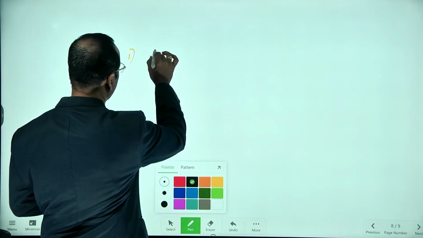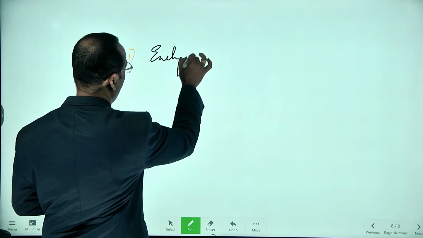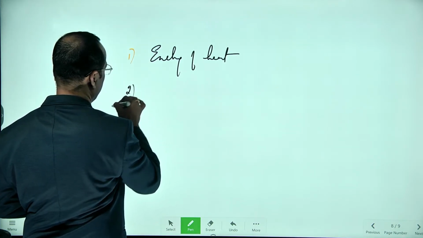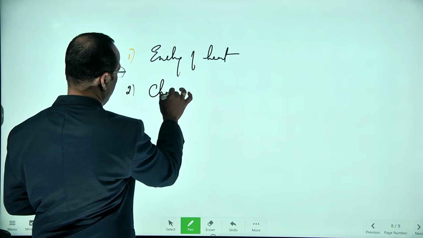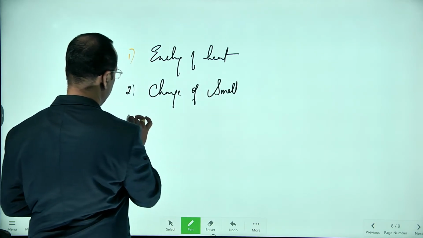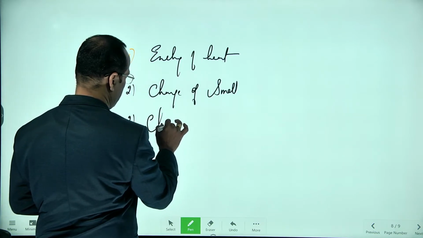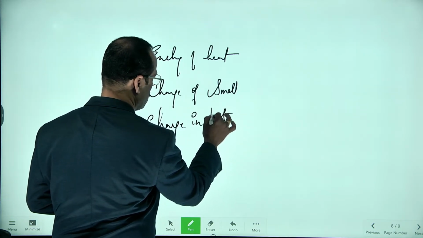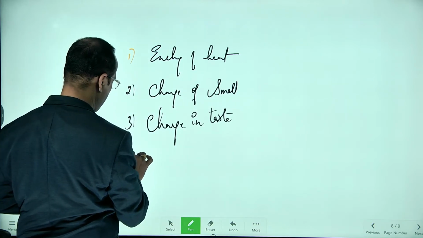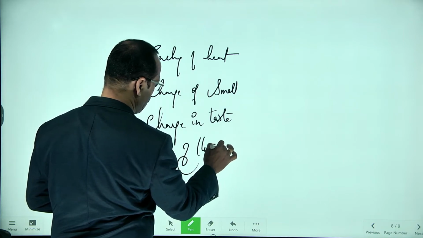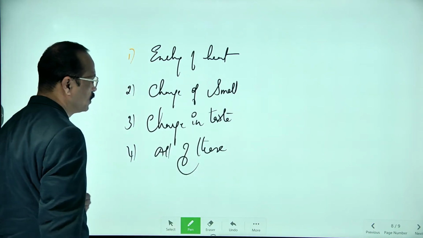Exchange of heat, change of smell, change in taste. All of these are correct, so option D is the right one.